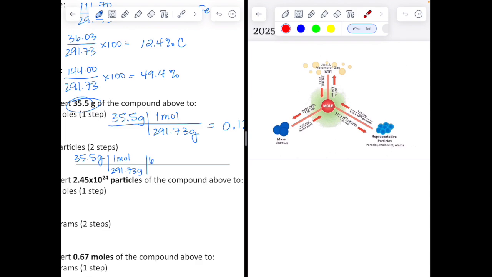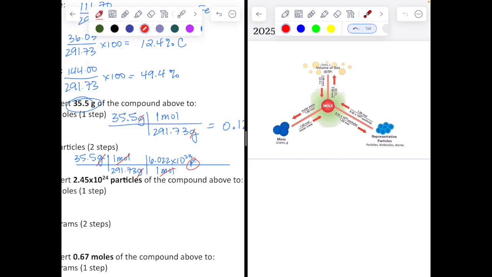So we're going to use 6.022 times 10 to the 23rd particles over 1 mole. And let's see how those units cancel. Grams, I didn't cancel them up there either, sorry. Grams cancels, moles also cancels, and I'm left with particles.